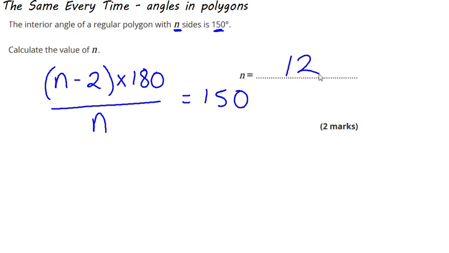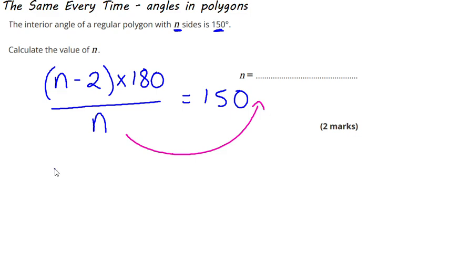But if you prefer a more formal approach, then what we can do is solve this as an equation. We know how to solve equations. What we need to do here, we're dividing everything by n. So the divide by n goes to the other side, becomes a multiply by n.